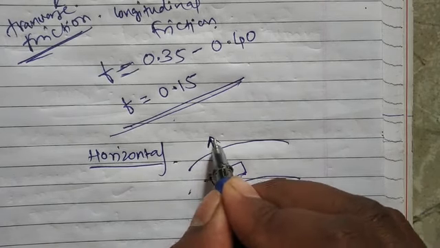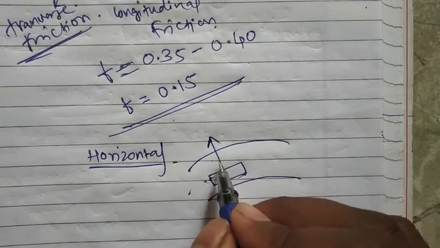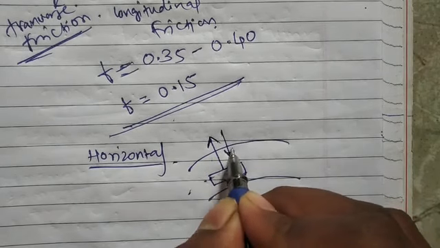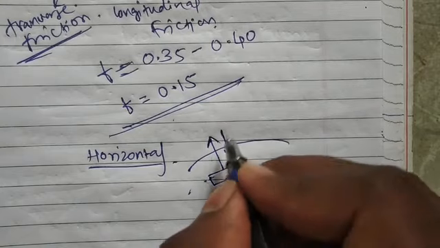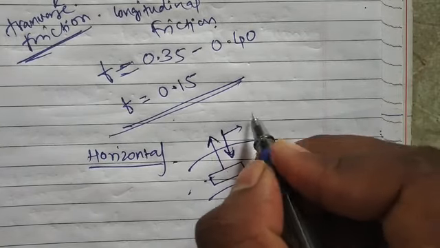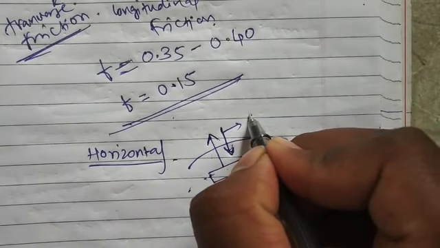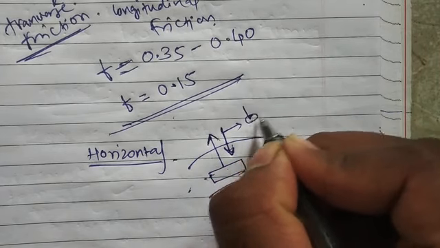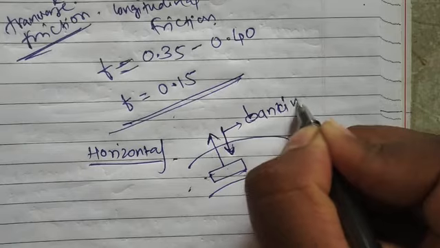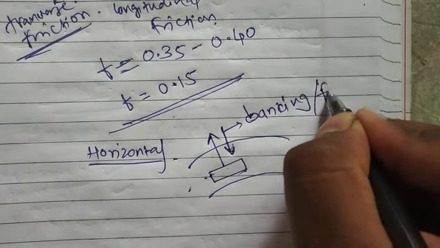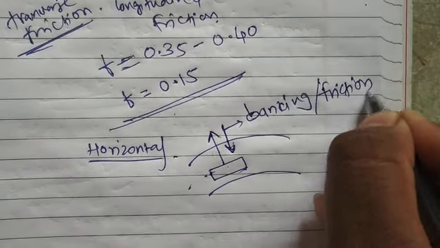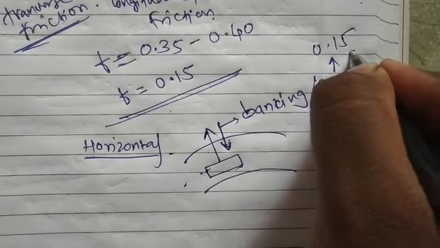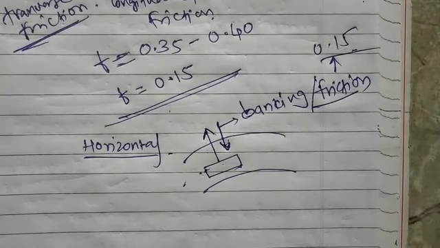So to counter this force, we need to provide some opposing force. This opposing force is created by a combination of camber or banking of the road and transverse friction of the road. So the maximum transverse friction is taken as 0.15, the coefficient of maximum transverse friction.